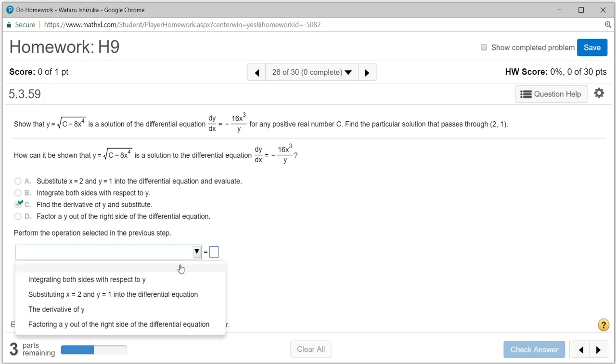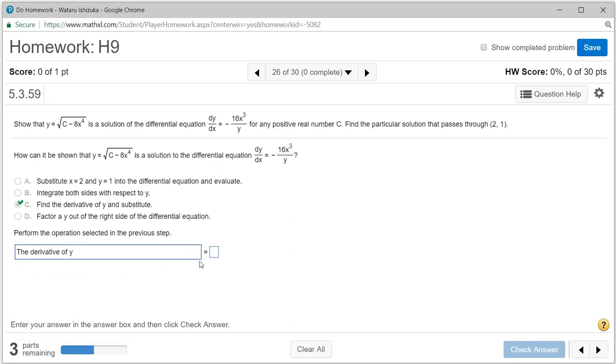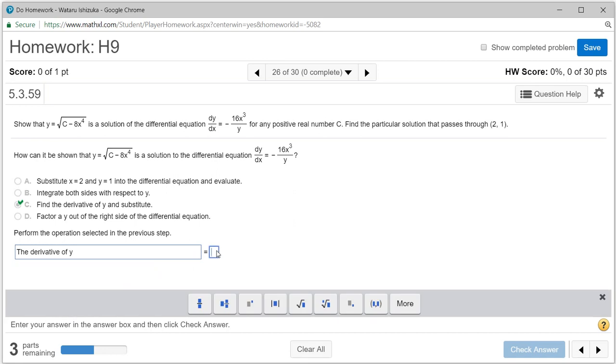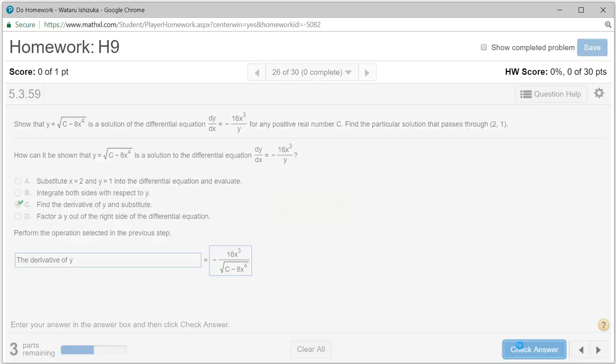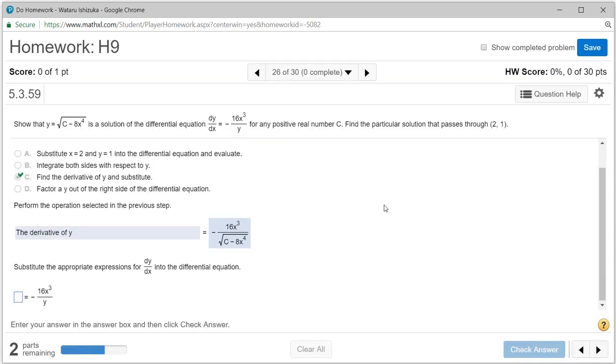The derivative of y is equal to negative 16x cubed over the square root of c minus 8x to the fourth power. Let's check the answer. We got that.